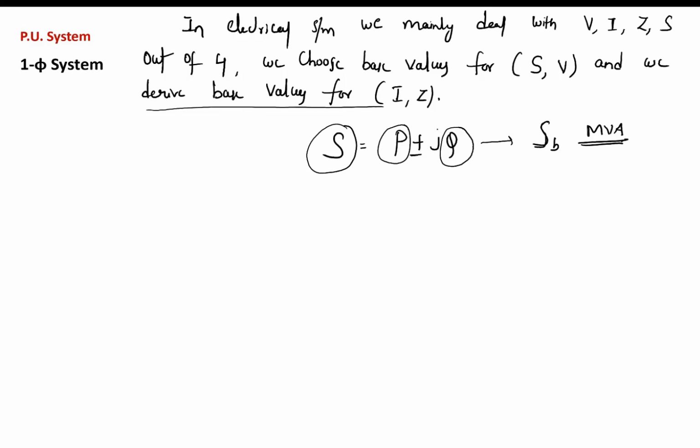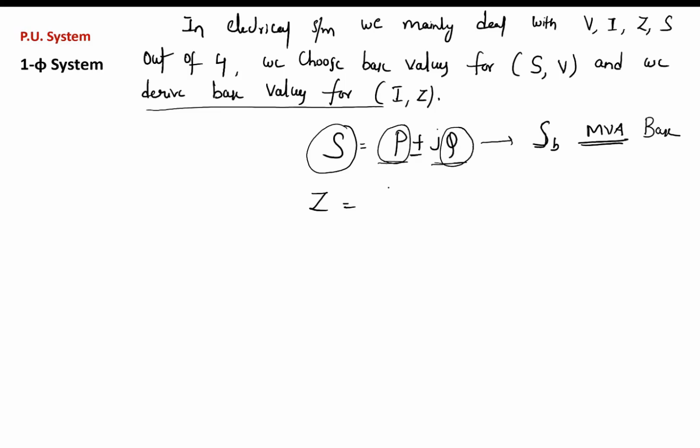It is called the apparent power base. The magnitude of complex power is called apparent power. So when you directly give the data in MVA, it is called apparent power. So the base value for S, P, and Q will be the same. It will be mentioned as S base, that is MVA base.